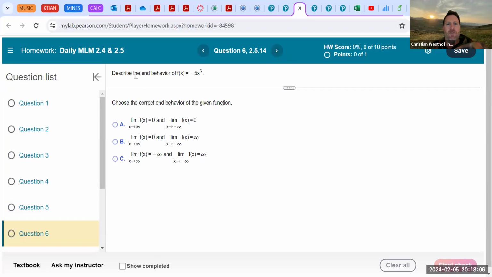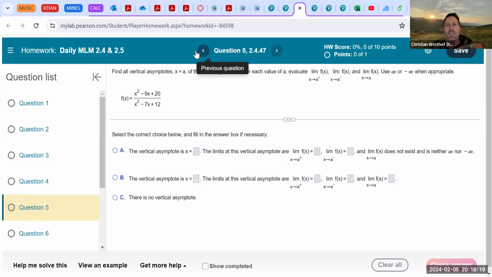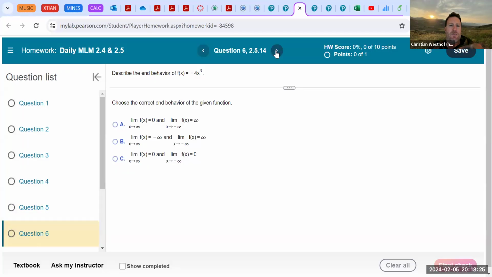Describe the end behavior. That's taking a limit going to infinity. And based on what you get, do you get a horizontal asymptote? So again, to find a vertical asymptote, you take the limit going to a specific value, and if you get an infinite limit, you have a vertical asymptote at that specific value.